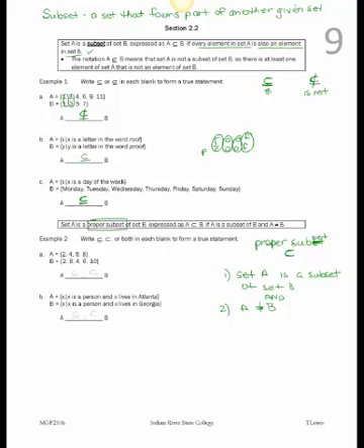Yes, you have a 2, a 4, a 6, an 8. Now, is this a proper subset? Does A equal B? No, it's not. Therefore, it's a proper subset as well, because we don't have the same exact elements in each of these.